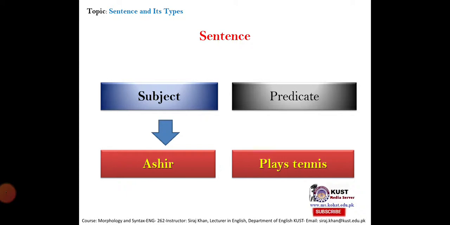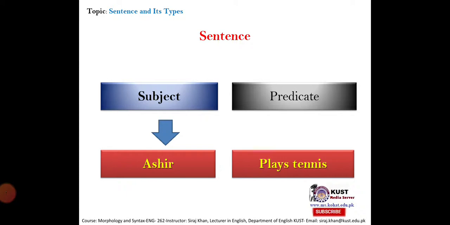We divide a sentence in two parts simply, subject and predicate. Subject is that part of a sentence in which we give name to someone or something. Ashir here is the example of a subject. Plays tennis is the verb part of a sentence in which we talk about the subject of a sentence.